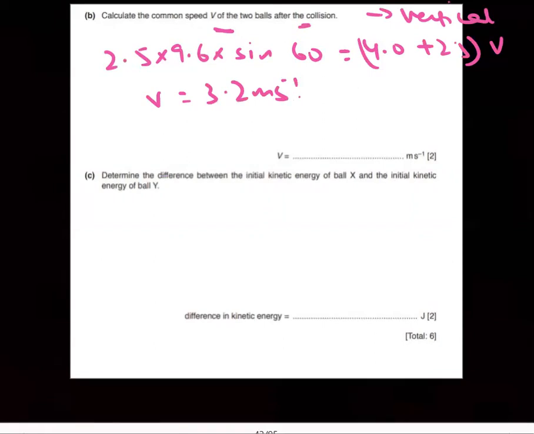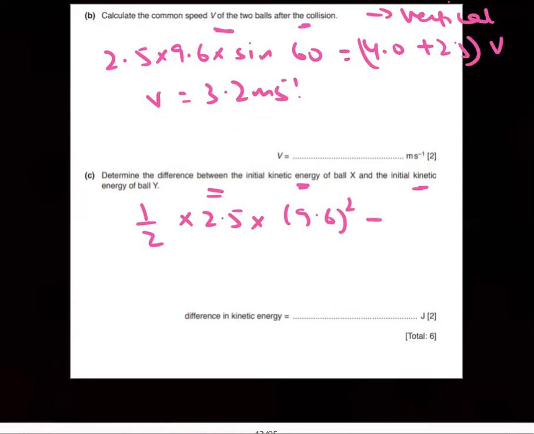Okay, then it says the difference between the initial kinetic energy and the final kinetic energy. So we have to take the difference. For the difference, we are using the formula of kinetic energy.